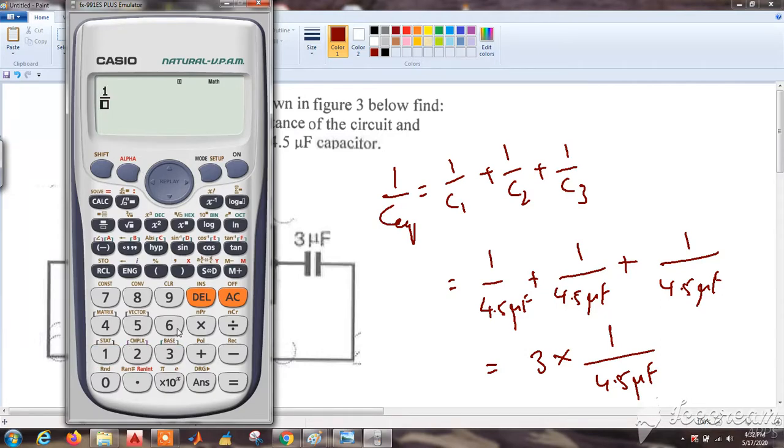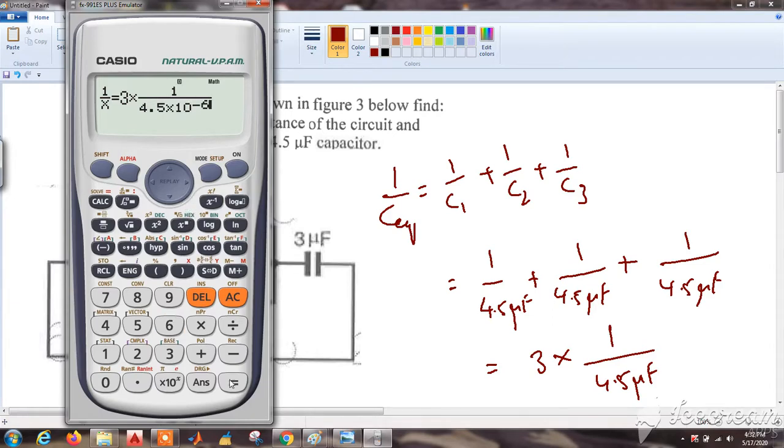For C equivalent we will use the unknown X. Press alpha and press the red color X, then the red color equal to, not the normal equal to. Then write 3 times 1 divided by 4.5, and micro means 10 power minus 6, so 10 power minus 6.